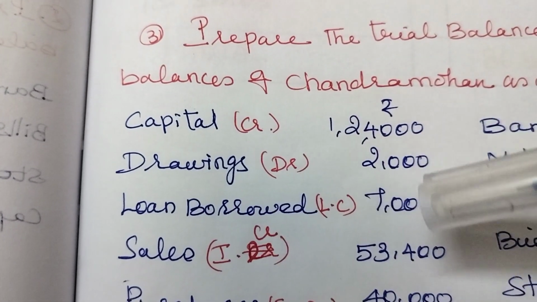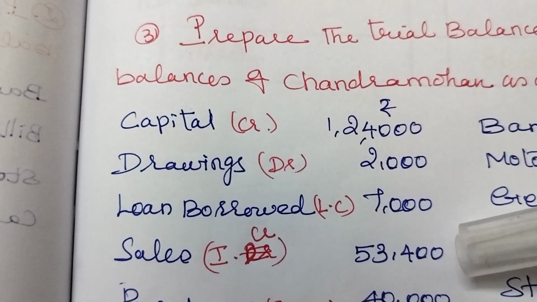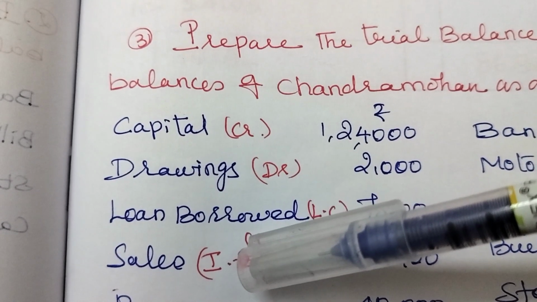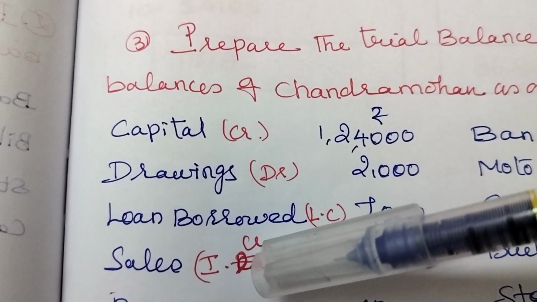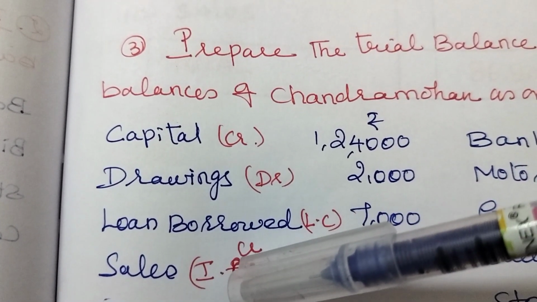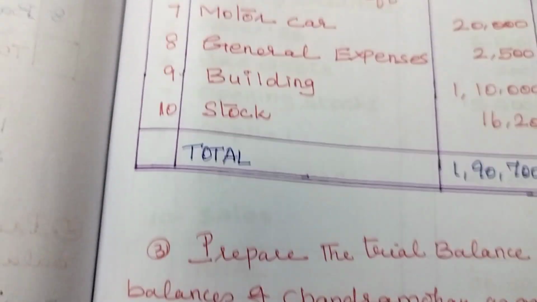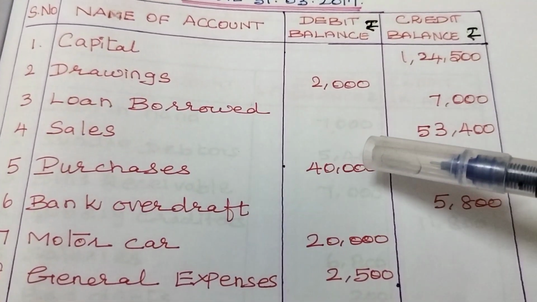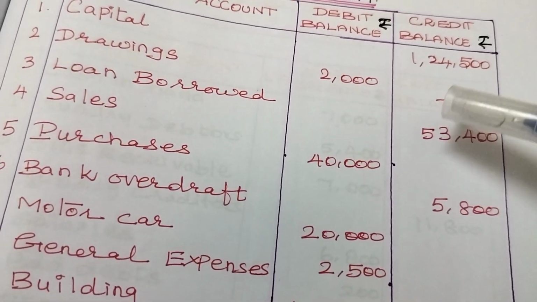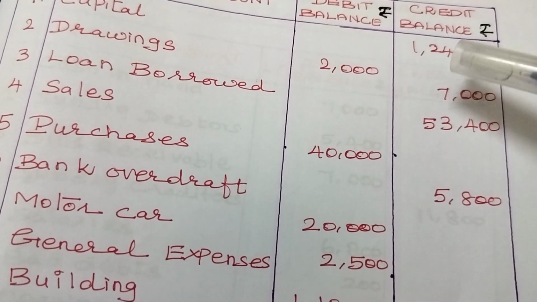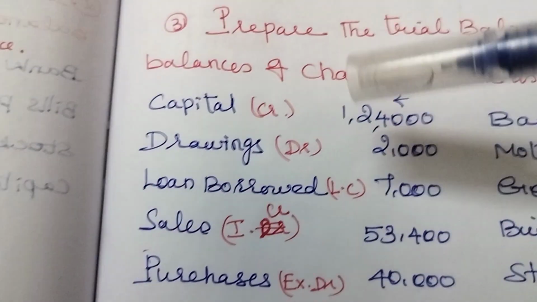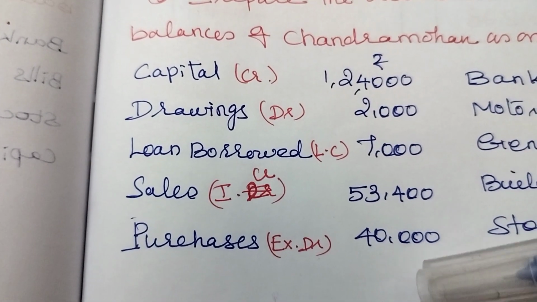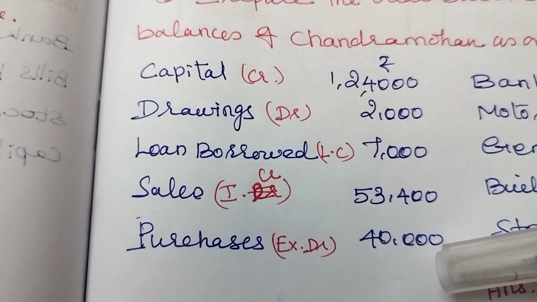Then sales rupees 53,400. Sales is always the income or revenue of the business, and income comes under credit balance. So sales 53,400 is entered on the credit balance. Then purchases rupees 40,000.